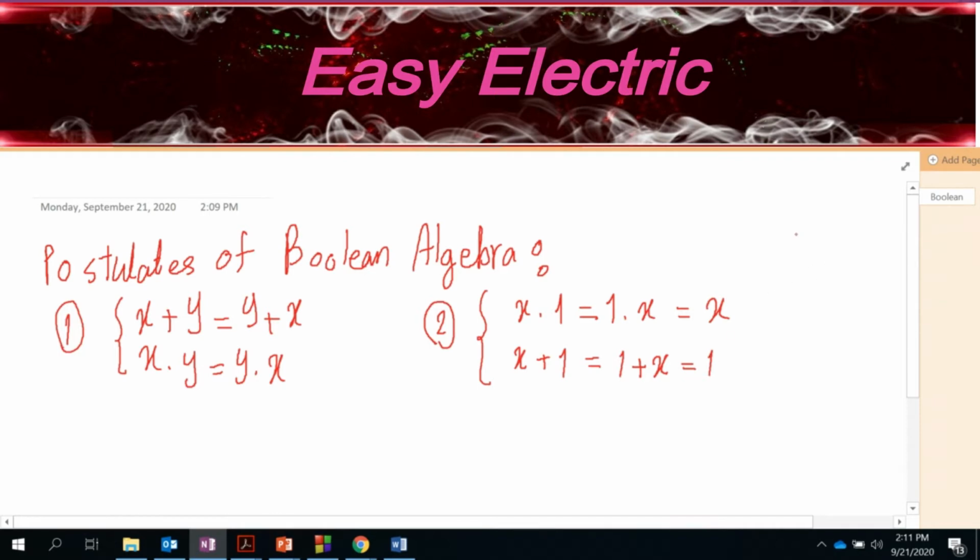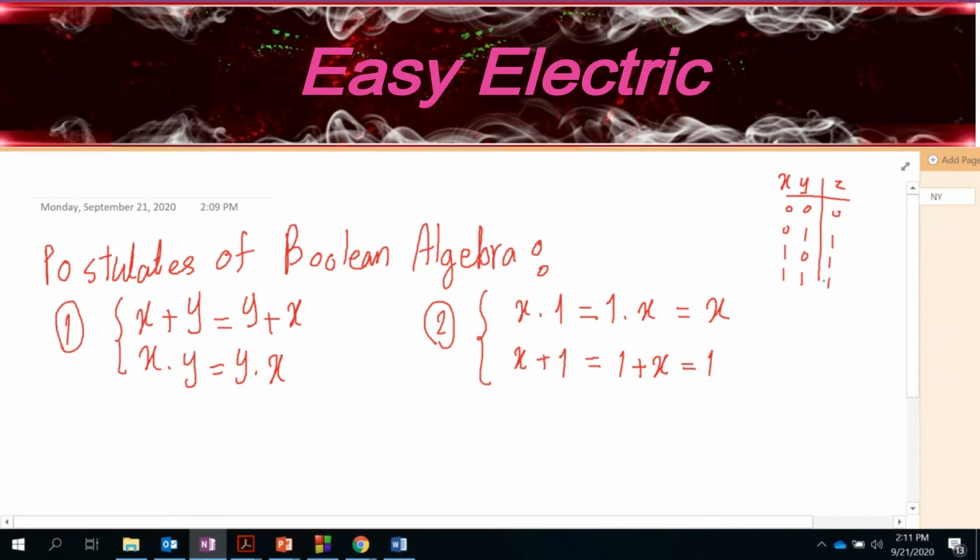So let me remind you of the OR gate truth table. You verify this table, right? The inputs are 0, 0, 1, 1 and 0, 1, 0, 1. 0 or 0 is 0. 0 or 1 is 1. 1 or 0 is 1. 1 or 1 is 1. So this is the truth table of the OR, right? If I OR 1 with 0, I get 1. If I OR 1 with anything, again I get 1. Here both are 1, and the result is 1.